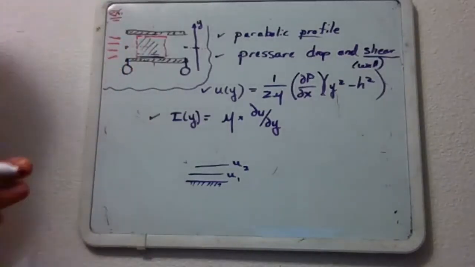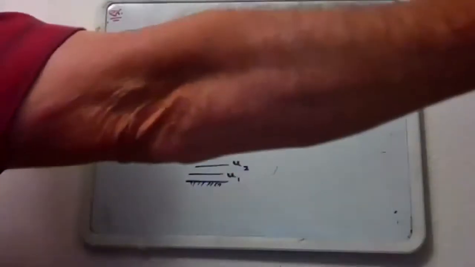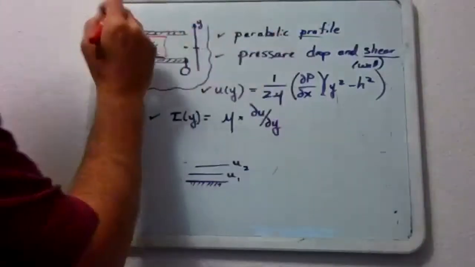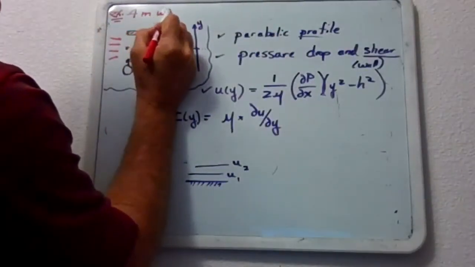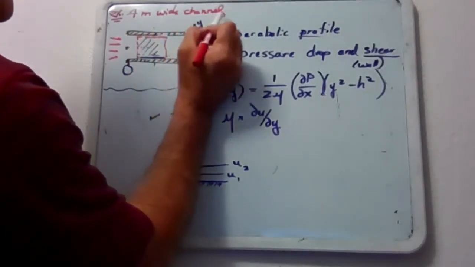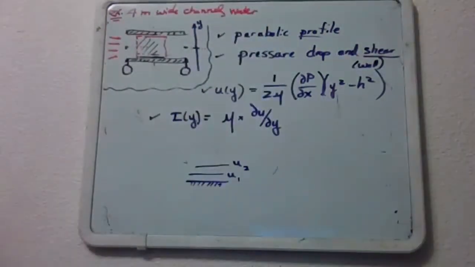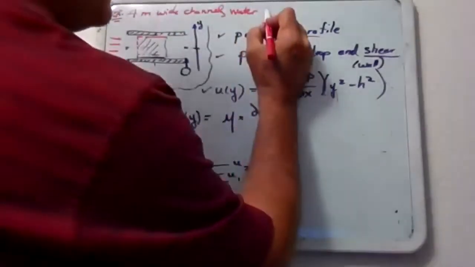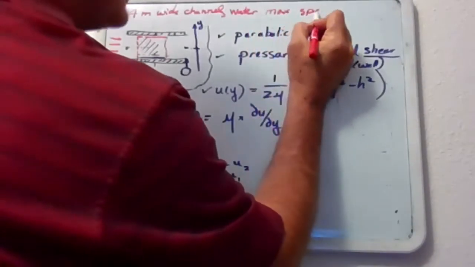So you're looking at water going through a deep channel that's flowing from one town to another, something like that. We've got water flowing with a maximum speed of 1 meter per second.